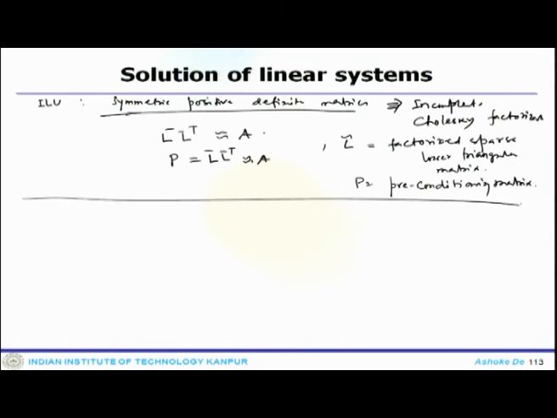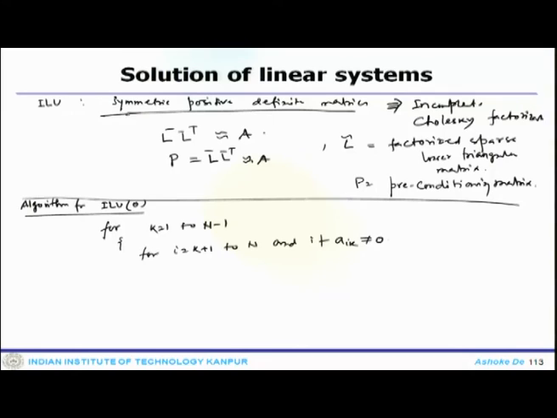Now, if you put the algorithm for ILU 0, what one has to do? You go for a loop where k equals 1 to n minus 1, first loop starts, then in the second loop you go i equals k plus 1 to n, and you check if a i k not equal to 0, then you do the following.